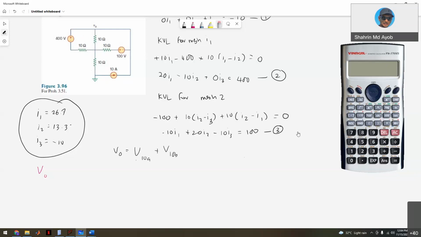But I just want to show you what happens when we assume the polarity is like this. Meaning that the VO is the summation of V10A and also V10B.